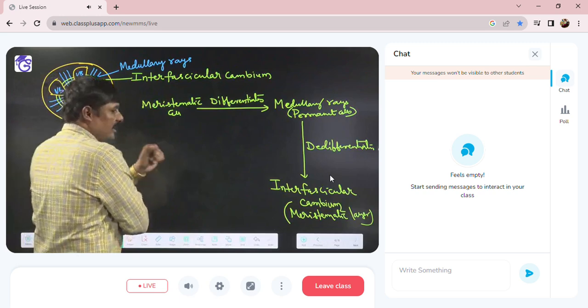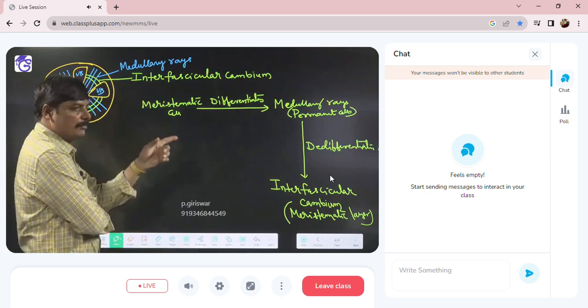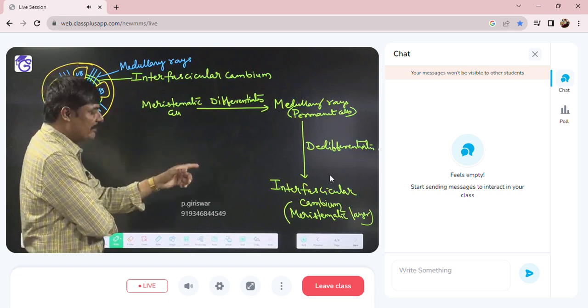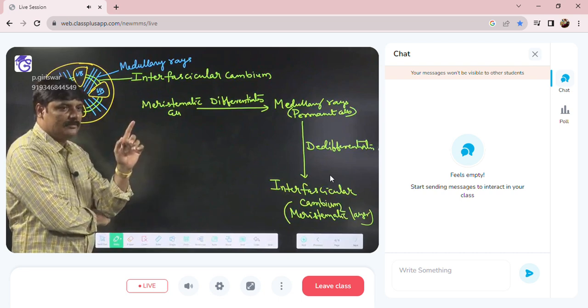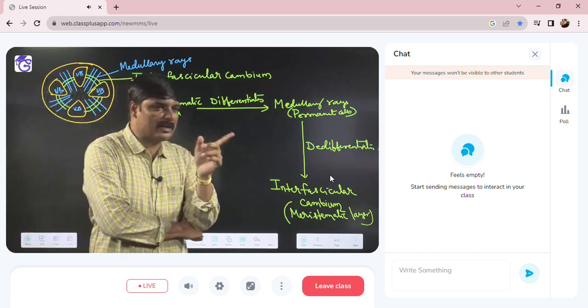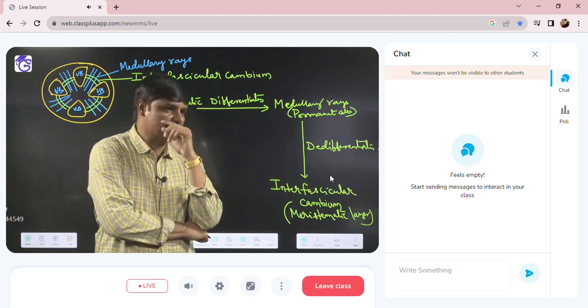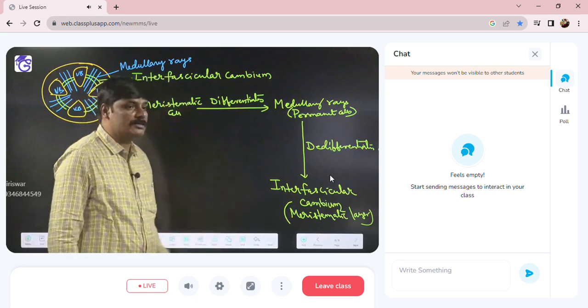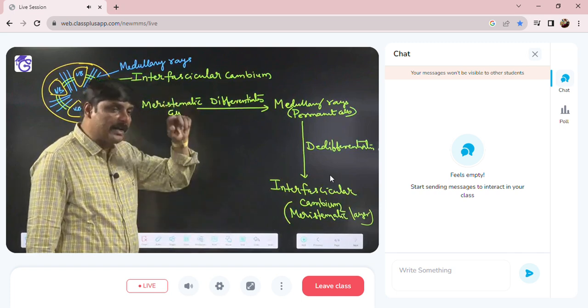This is one example. One example is formation of interfascicular cambium, not intrafascicular cambium. Intrafascicular cambium is formed directly from the differentiation process. That is primary in origin. This is secondary in origin.